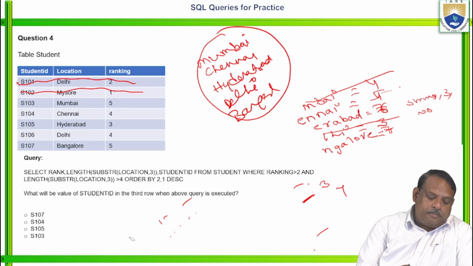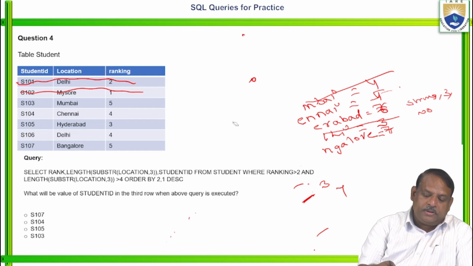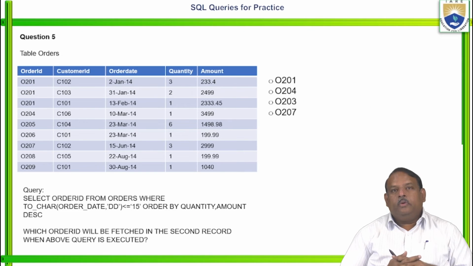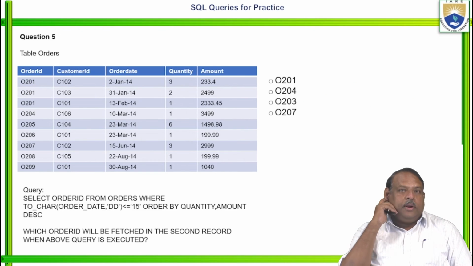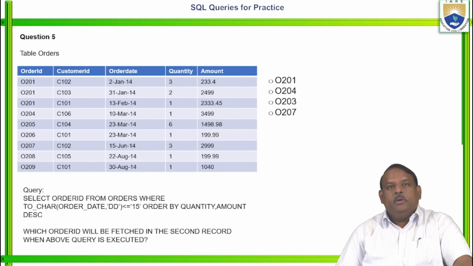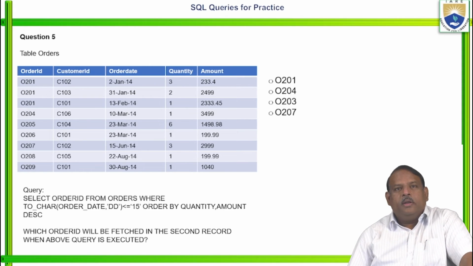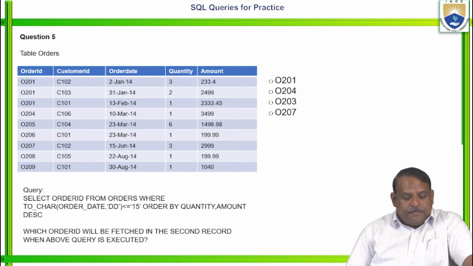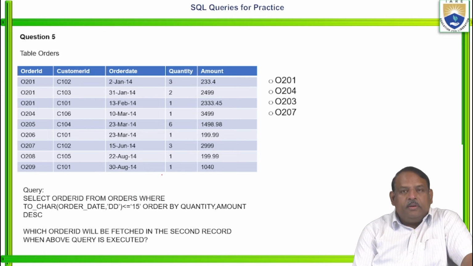In this session, we'll try to solve this problem. Orders table: order ID, customer ID, order date, quantity, and amount. The query is select order ID from orders where TO_CHAR of order date.